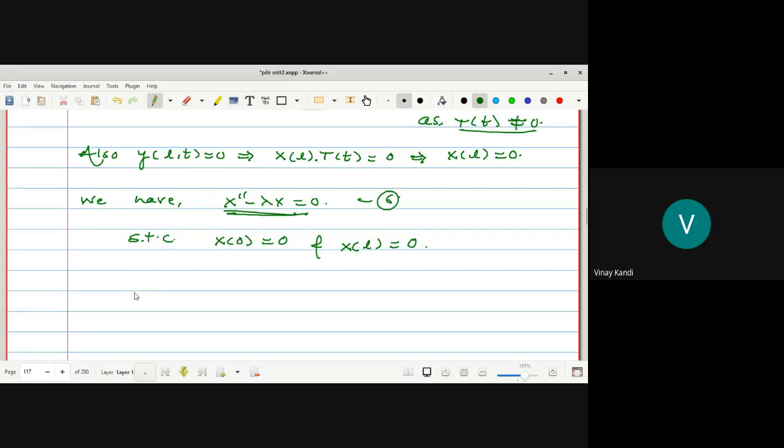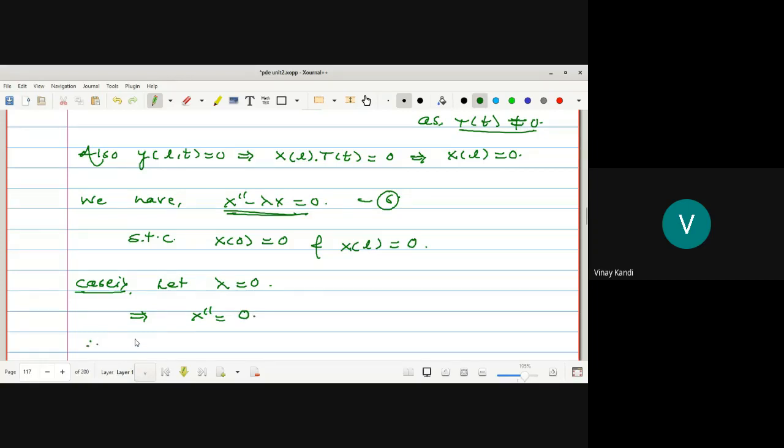Now look here, case number 1. I don't know whether the value of lambda is 0, positive or negative. So here in case 1 we assume lambda is equal to 0. This implies X double dash is equal to 0.